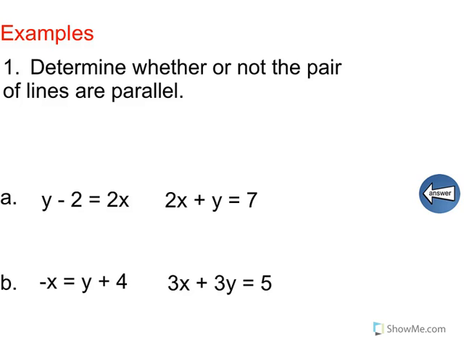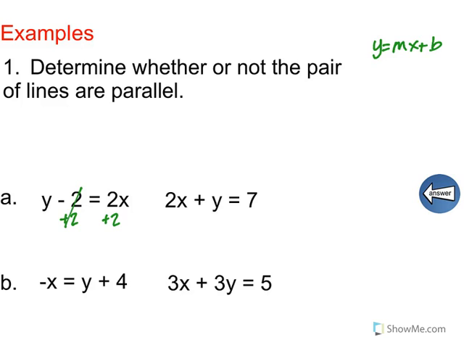If we're going to determine if they're parallel from the equations, we need to first make sure that their equations are in slope-intercept form. For the pair of equations for A, this first one, all that I would need to do is add 2 to both sides so that it's in that y equals mx plus b form. In slope-intercept form, remember that the y is by itself.